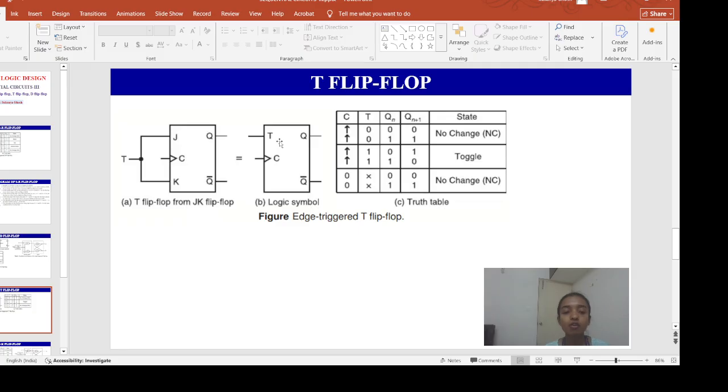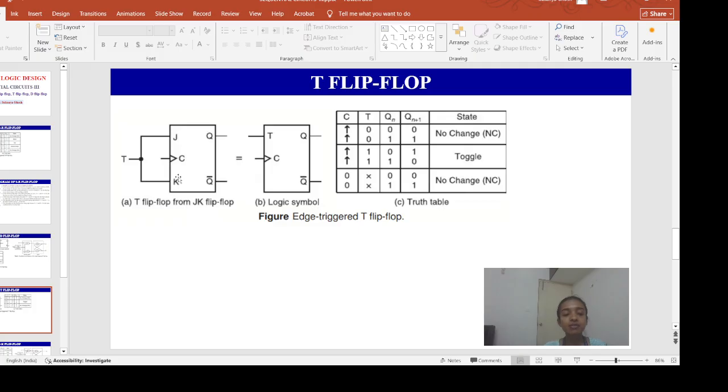Although T flip-flops are not widely available commercially, they are used by converting a JK flip-flop to the functional equivalent of a T flip-flop, by just connecting its inputs J and K together and labeling the common connection as T. When T is 1, both J and K are 1, because we have tied the two inputs together, and the flip-flop will toggle.